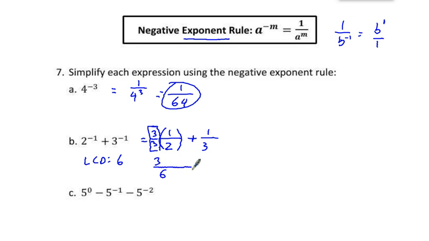So I have 3/6 plus, and over here we'll multiply by this magic 1 of 2 divided by 2. The denominator is now 6, and the numerator is 2. I can add the numerators. 3 plus 2 is 5 divided by 6.